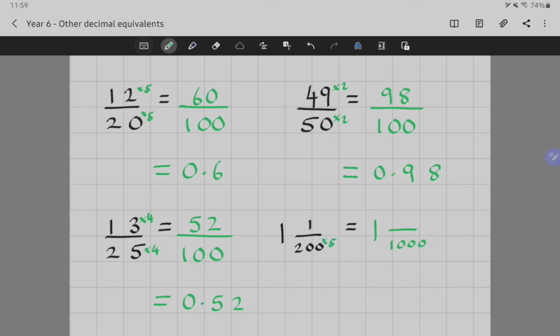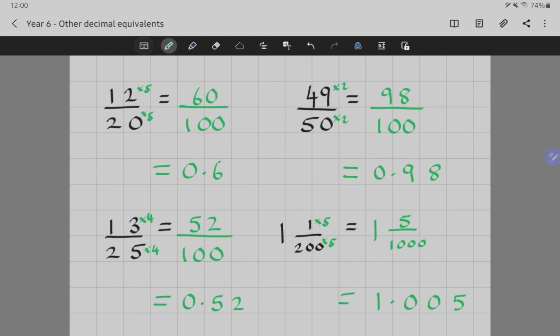I times this one by 5, times this one by 5. So I've got 1 and 5 thousandths. So we've got 1 whole, 1 point, and I've got 5 in the thousandths column. 0, 0, 5, 1.005.